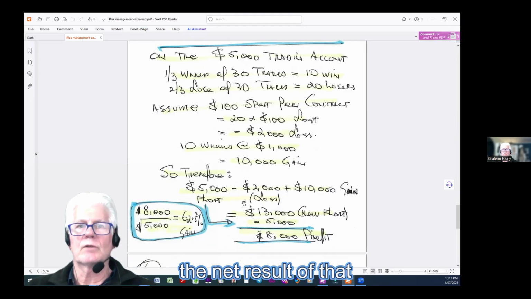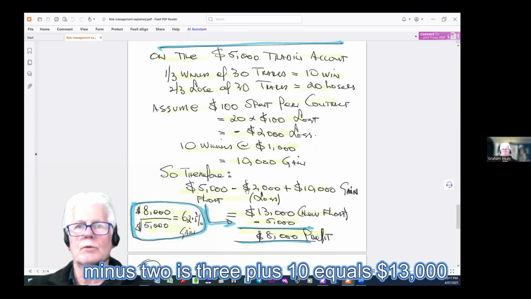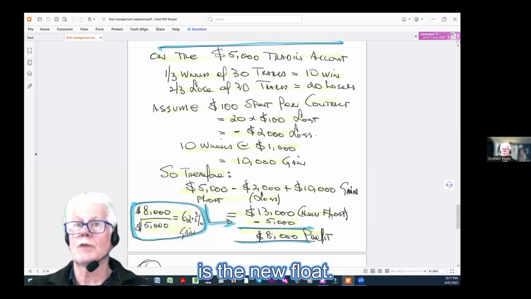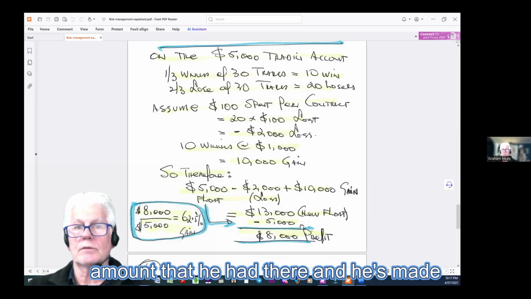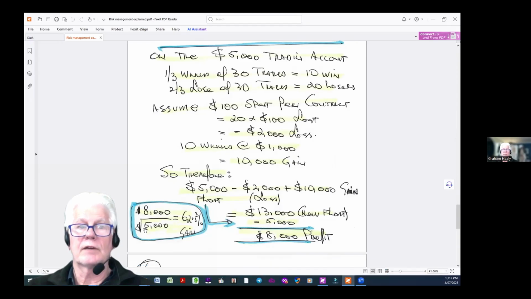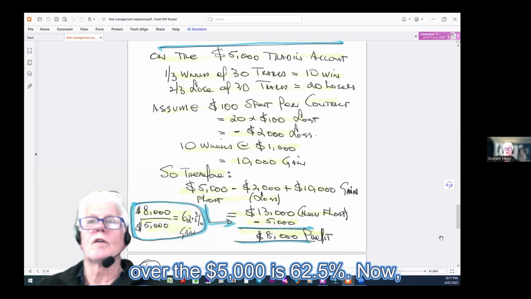So the net result of that is 5,000 minus 2 is 3, plus 10 equals 13,000 is the new float. So we take off his original amount, and he's made an $8,000 profit. 8,000 over the 5,000 is 160%.